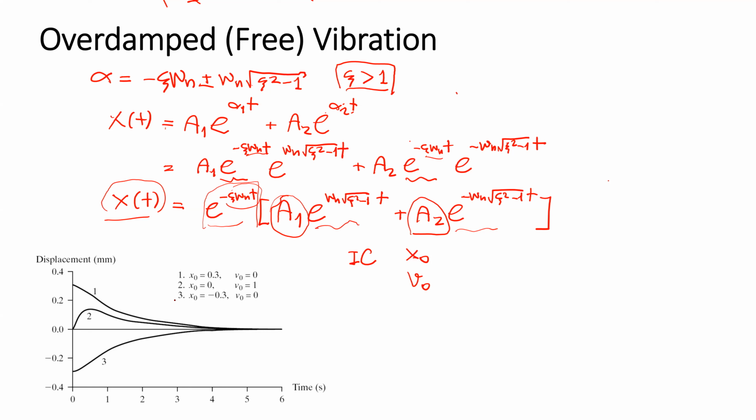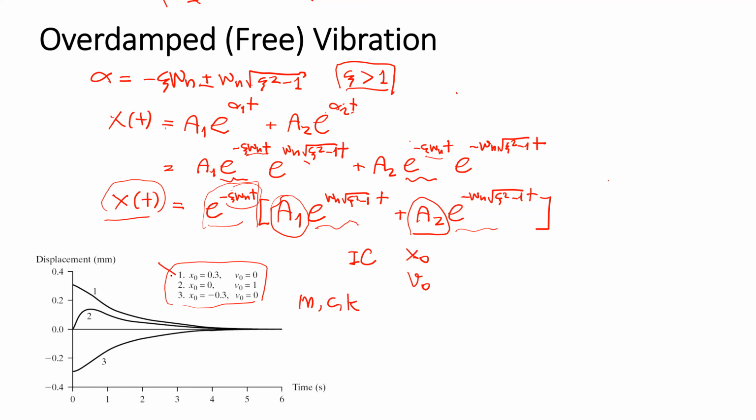If we see in this plot, these three cases have the same value of m, c, and k, but they have different initial conditions. So what can we see from the initial condition? What is the physical meaning?